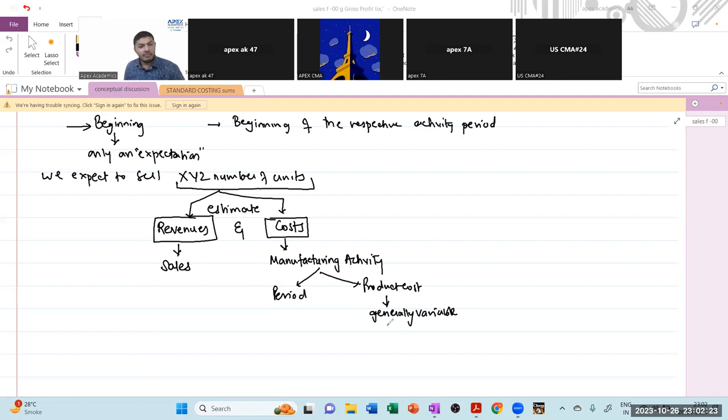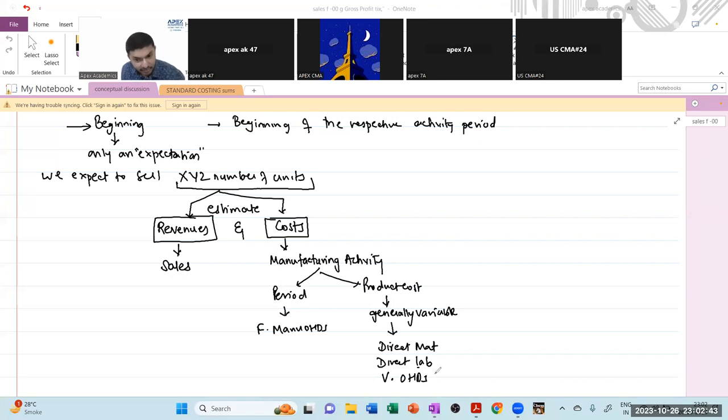By variable product costs, I mean they will talk about their direct materials, their direct labor, and their variable overheads. By period costs, I mean they will speak about their fixed manufacturing overheads.